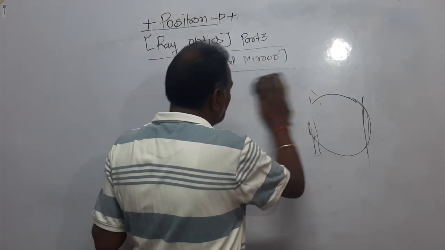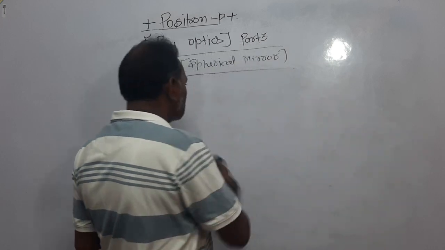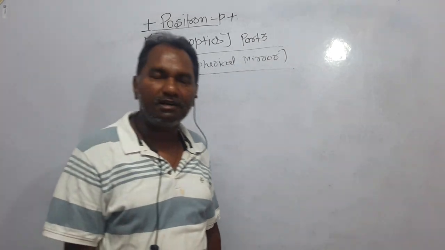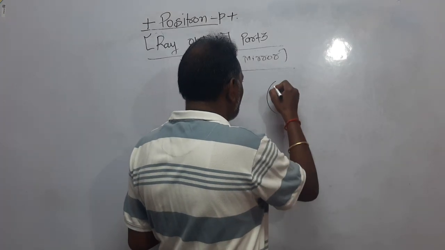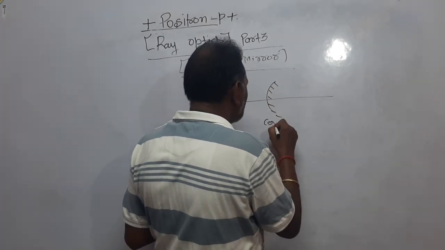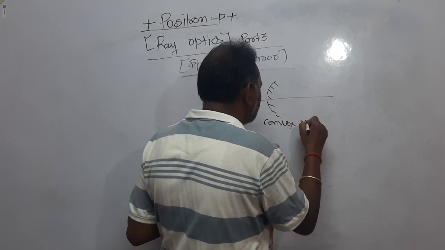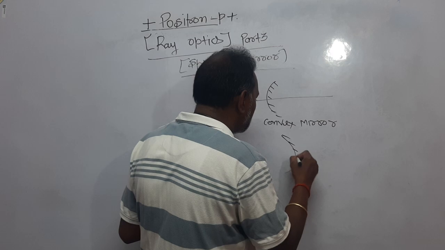Now dear students, that is how the mirrors can be made. Of the two mirrors, one is the convex mirror, which I have just discussed with you all. This is said to be the convex mirror. This is said to be the concave mirror.